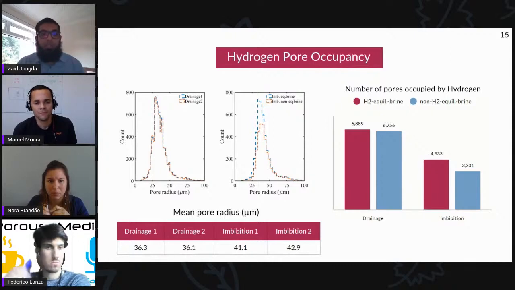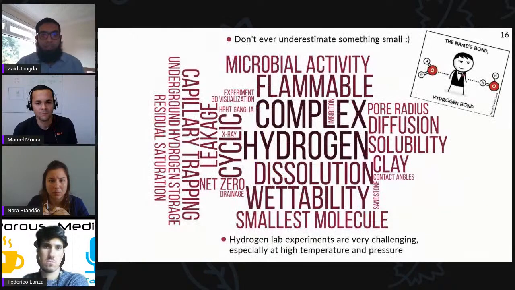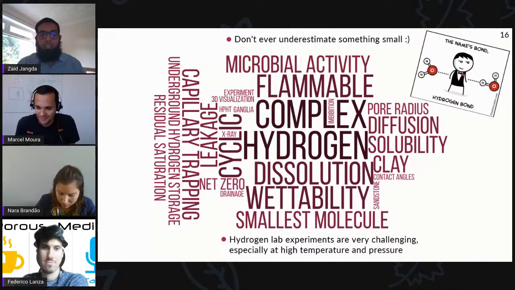From our side, we think hydrogen is dissolving in brine, and we see very clearly that there is a difference. Again, hydrogen is very complex. We still don't have all the answers, but we wanted to share what we observed in our experiments.